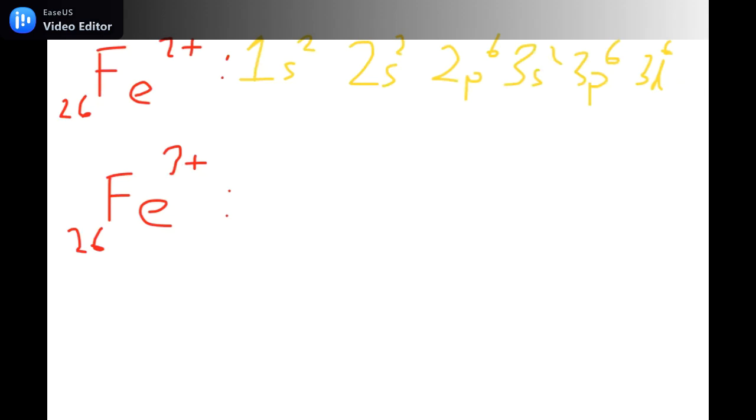So that means that after 2 electrons are lost from the 4s orbital, one will also be lost from the 3d orbital. So the configuration will be 1s2, 2s2, 2p6, 3s2, and 3p6, and 3d5.